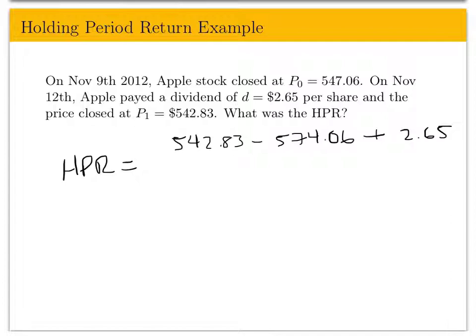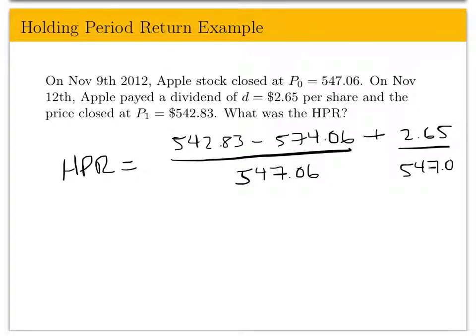And all of that is over P naught, where we can divide each part by P naught, so that we have the capital gains yield and the dividend yield. Interestingly, you'll notice that the capital gains is actually a loss. And it looks like I accidentally switched numbers here. That's a 547 instead of a 574.